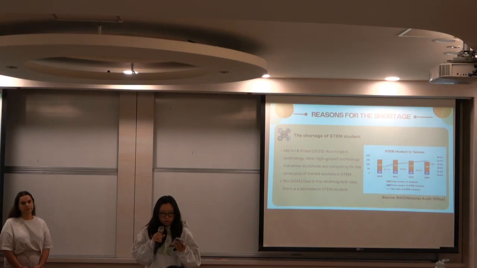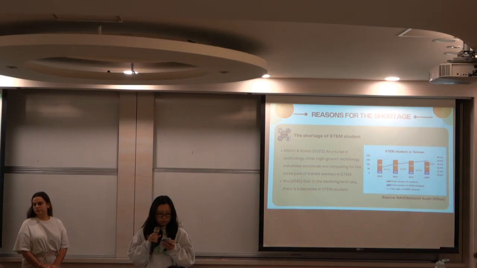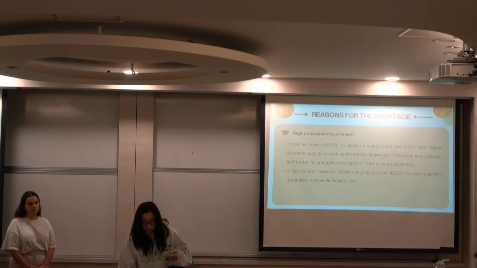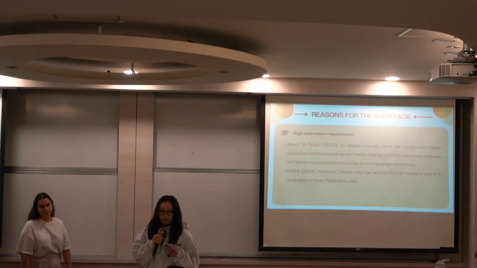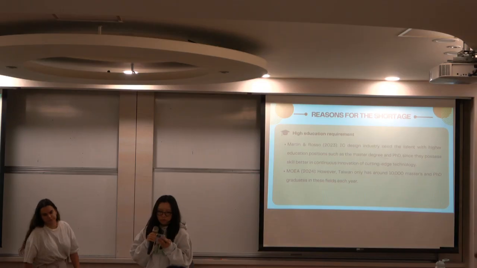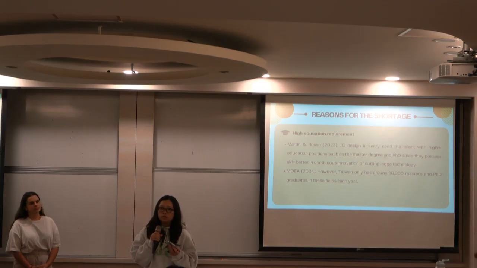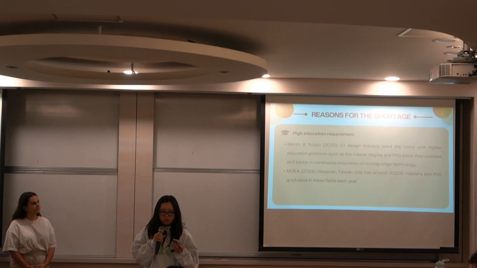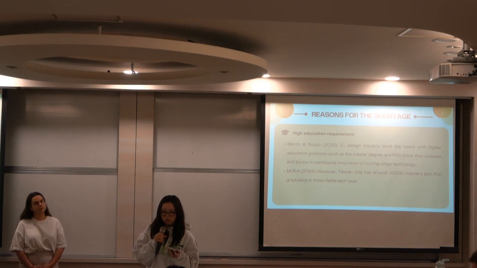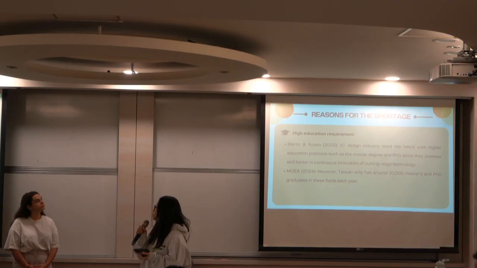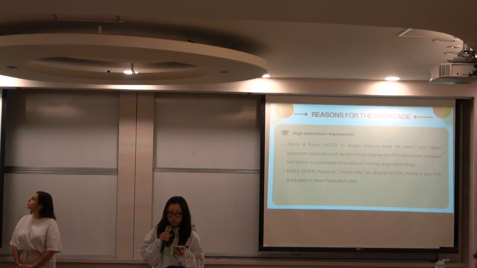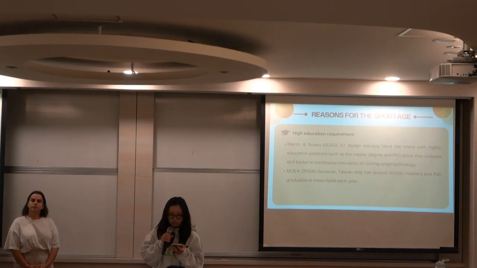So due to the declining birth rate, there is a decrease in STEM students. And moreover, the IC design industry needs talent with higher education, such as master's degrees and PhDs, since they possess better skills in continuous innovation of cutting edge technology. But Taiwan only has around 10,000 master's and PhD graduates in this field each year.